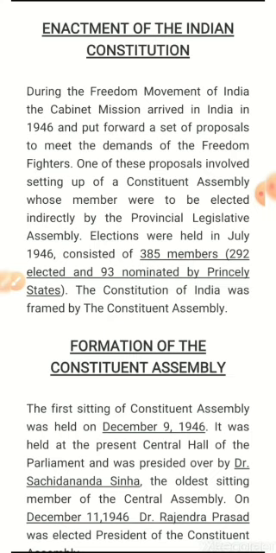Election to the provincial assembly were held in 1946. The Constituent Assembly of Undivided India consisted of 385 members, in which 292 members were elected and 93 were nominated by the princely state. The Constitution of India was framed by the Constituent Assembly.